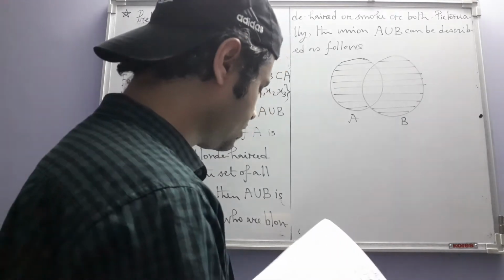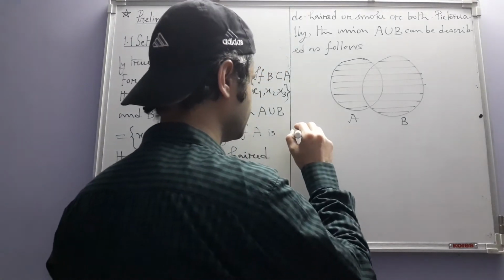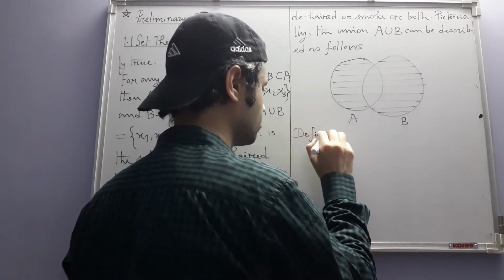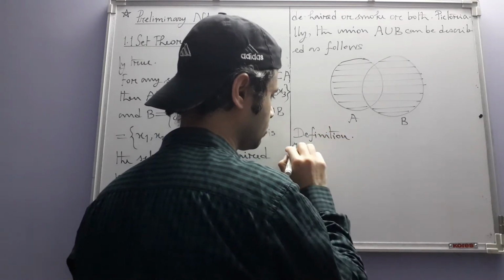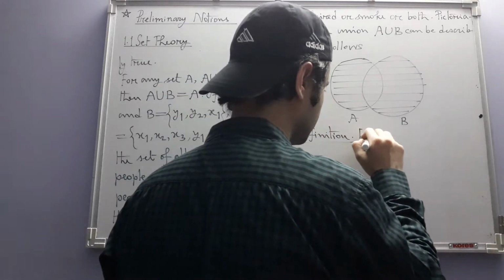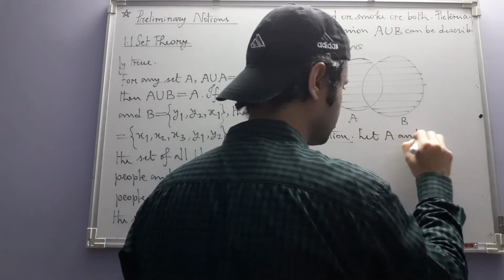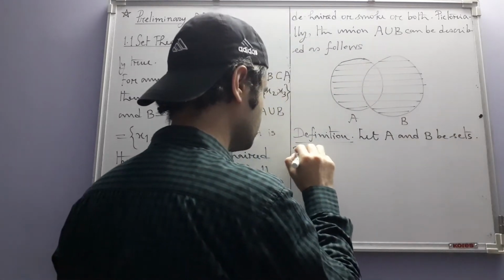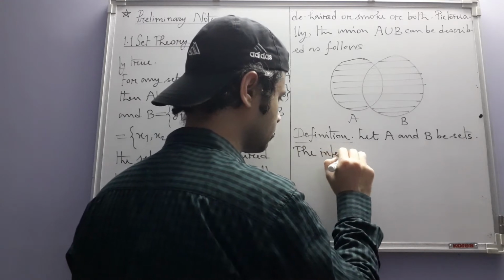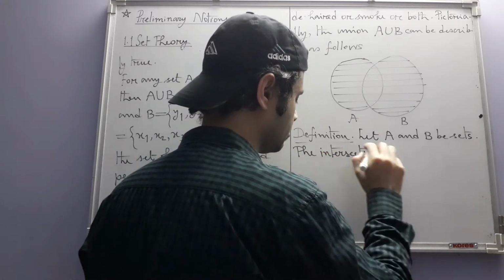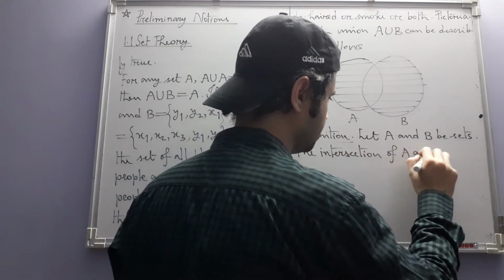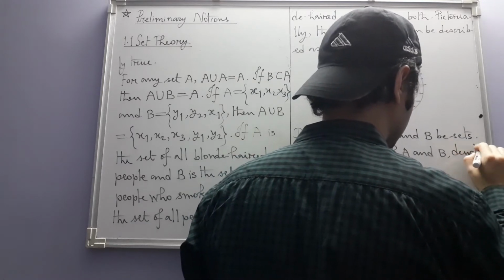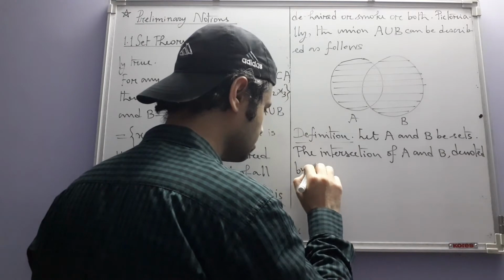So the next definition is of course intersection. The intersection of A and B denoted by this symbol.